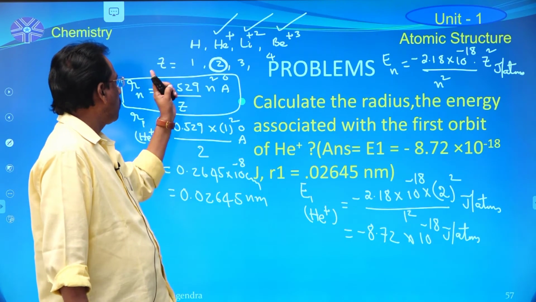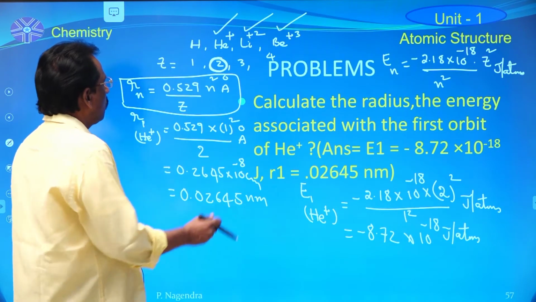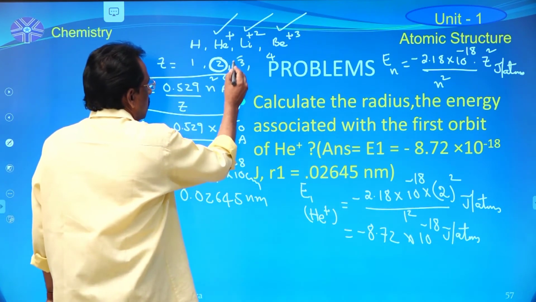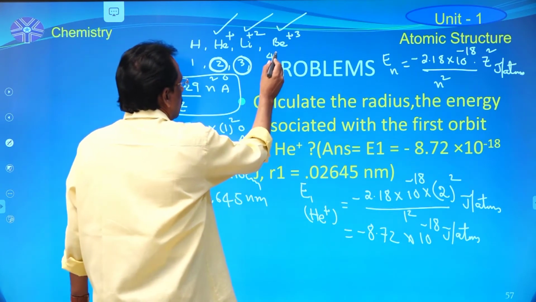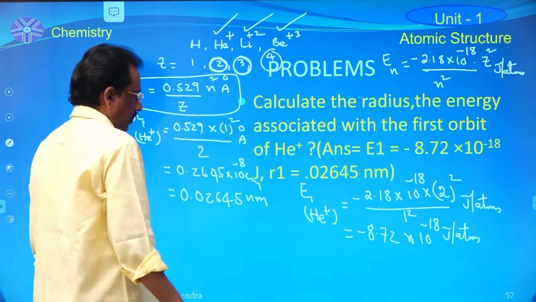For He plus ion, Z is equal to 2. For Li plus 2 ion, Z is equal to 3. For beryllium plus 3 ion, Z is equal to 4.